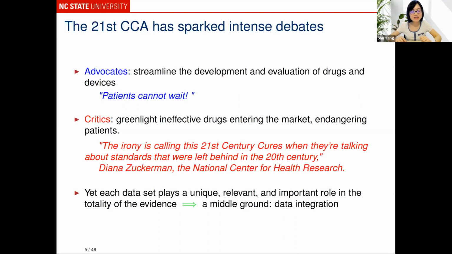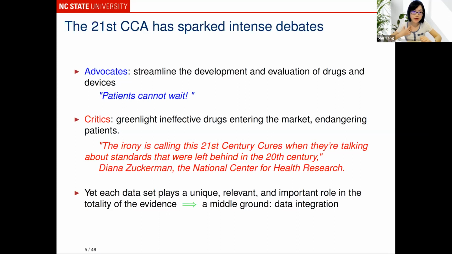So here's an interesting quote from Diana Zuckerman, the president of the National Center for Health Research. The irony is calling this 21st century cures when they're really talking about the standards that were left behind in the 20th century. So you can see the debate is very intense.